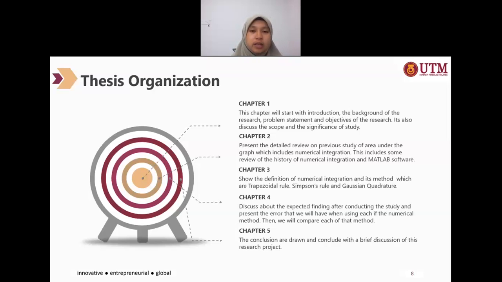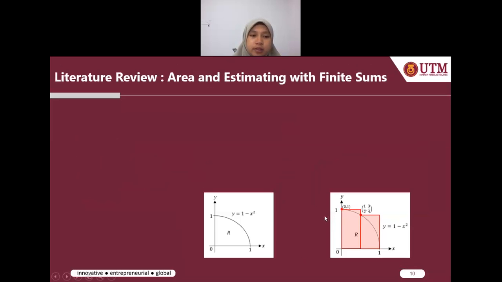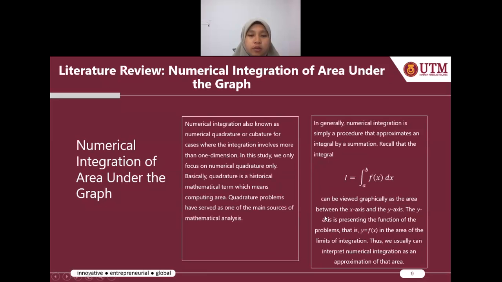Chapter 2, Literature Review. This literature review consists of several discussions. The first is numerical integration of area under the graph. So we must know what numerical integration is. Generally, numerical integration is simply a procedure that approximates an integral by a summation.